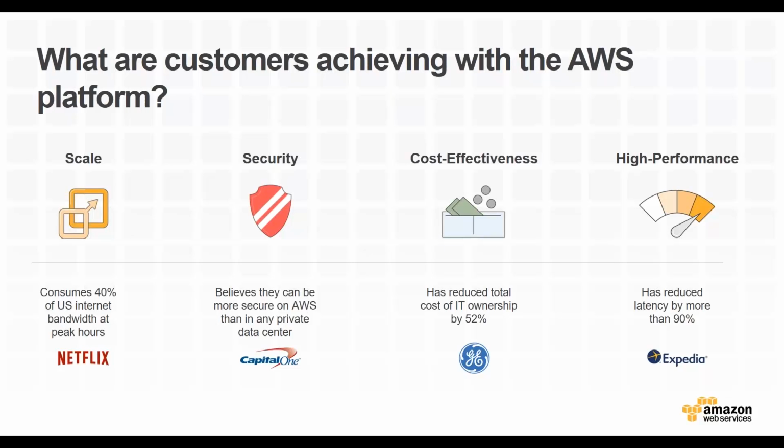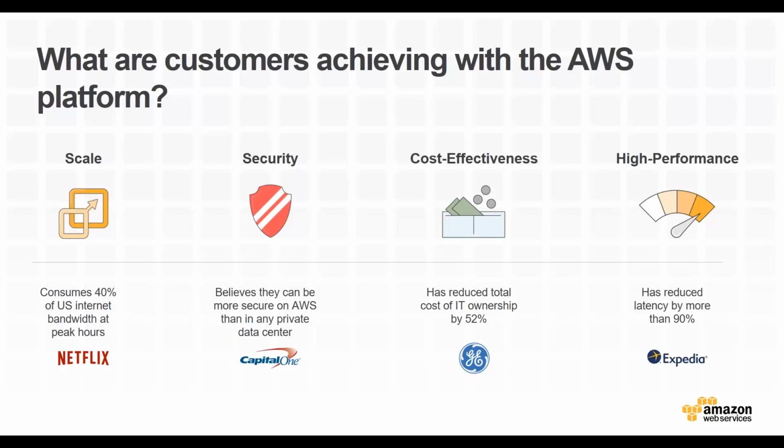Another example is Expedia. Expedia is a leading online travel company. Expedia's engineering team realized that they had to run one of their key applications in locations physically close to customers in order to reduce the latency. Expedia launched this application initially in the Asia-Pac region, and they quickly expanded it to the US and European Union.